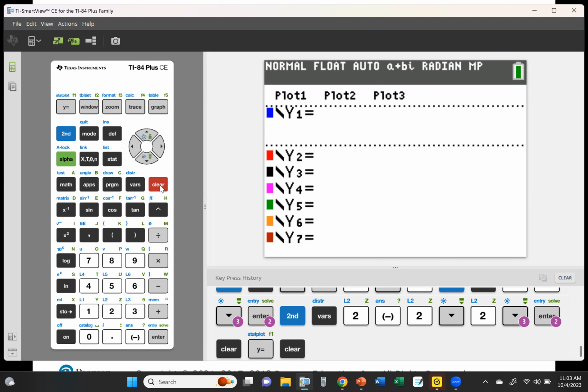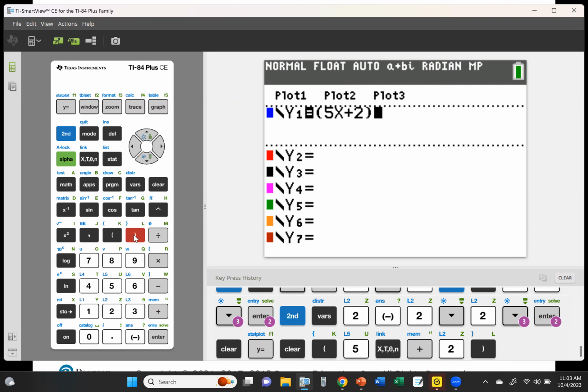So I'm going to first put the actual output definition, the 5x plus 2, inside parentheses. So I'm going to put parentheses, 5x plus 2, close the parentheses.